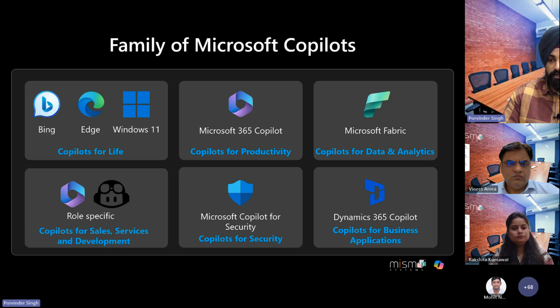Then we have Copilot for productivity, which is the Microsoft 365 Copilot, where you can integrate it with your Microsoft 365 environment, and it can help the users to get information from different sources like OneDrive, SharePoint, and you can help it summarize your Teams messages, your email history, and things like that.